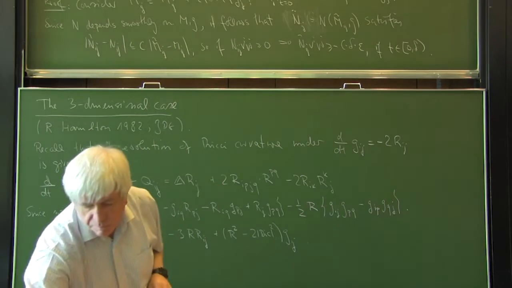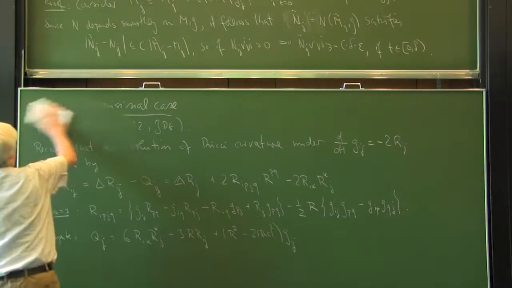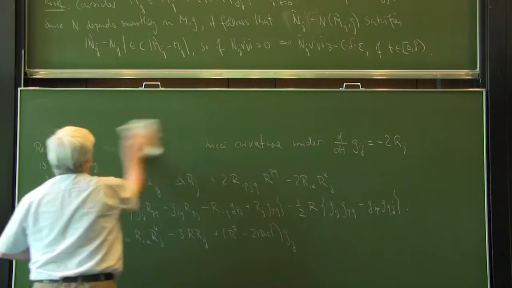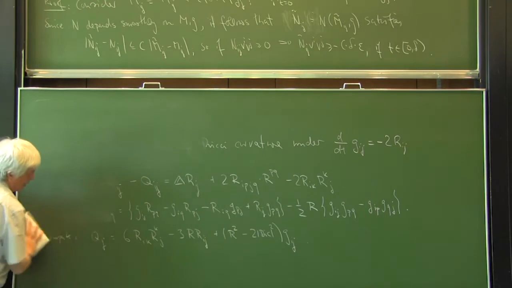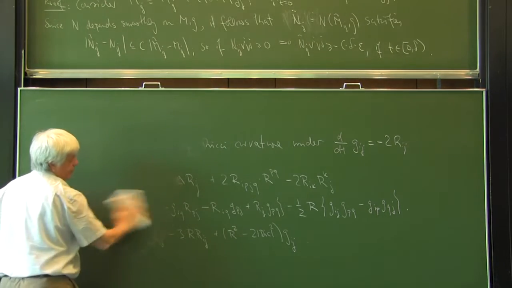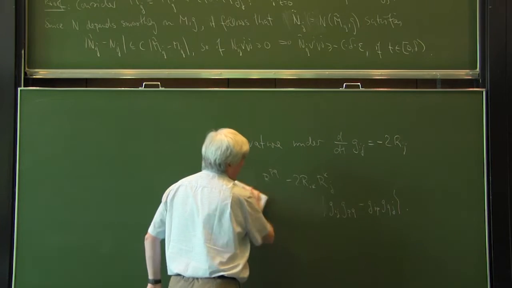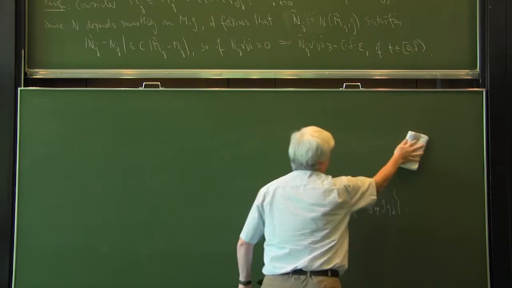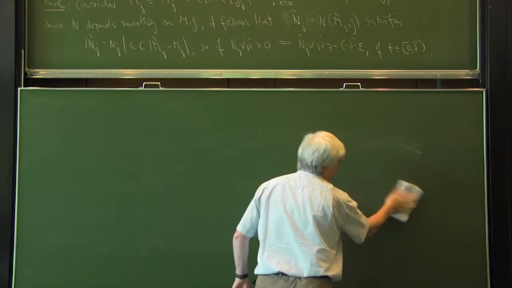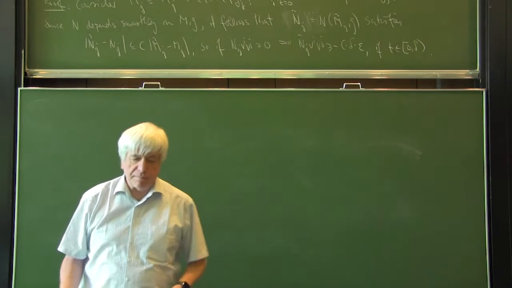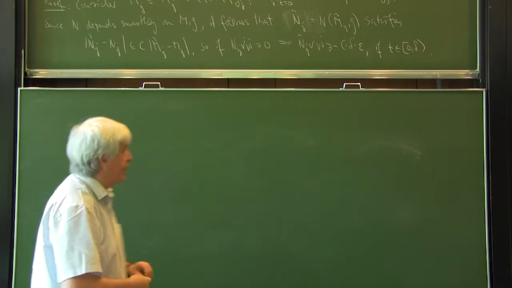Okay, so now we argue by contradiction. So we assume that somewhere in this interval between 0 and delta, the tensor M tilde ij has a zero eigenvalue.